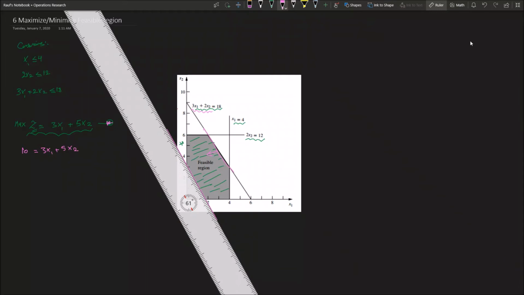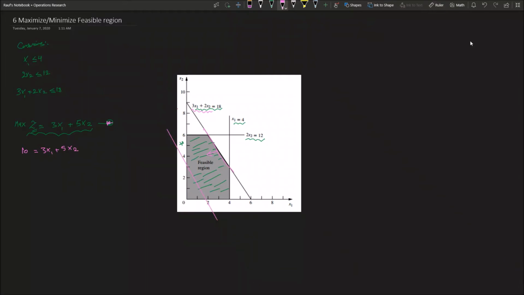It will be somewhere there. So that would be 10 equals 3x1 plus 5x2. But we can say we still have too much area missing from the feasible region. So we need a higher number, or we need to change the z in order to have the best out of our feasible region.